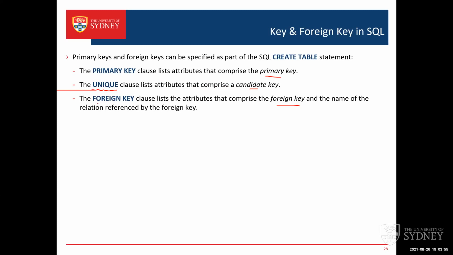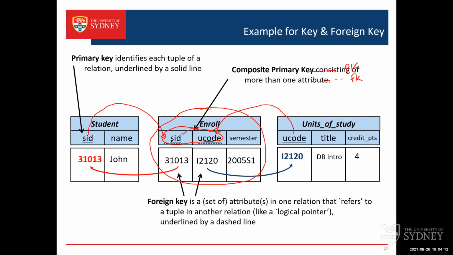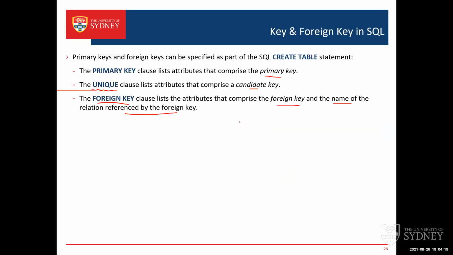Extra thing: when you are declaring something as a foreign key, then you have to mention what is its host country, from which table this one is coming from. So the name of the relation referenced by the foreign key. Like SID is coming from the student table. That's what I have to mention. Unit of study code is coming from the unit of study table. That is what I have to mention.